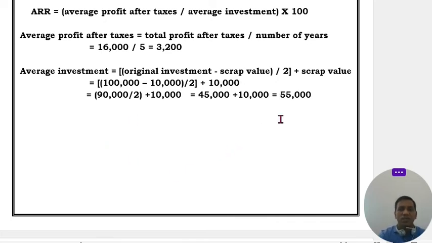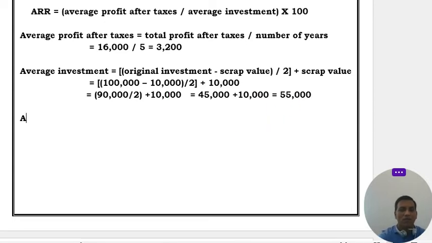Average investment is 55,000 rupees. Original investment minus scrap value divided by 2: 100,000 minus 10,000 divided by 2, that is 90,000 divided by 2, that is 45,000, plus scrap value again back, add back 10,000, so 55,000.